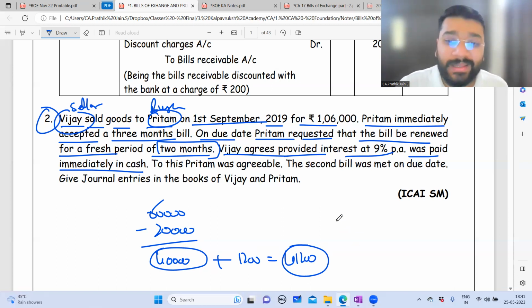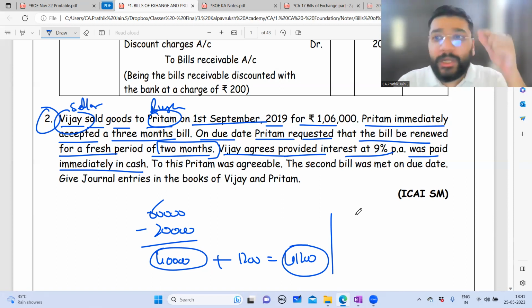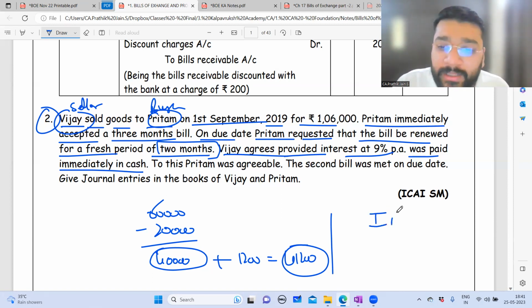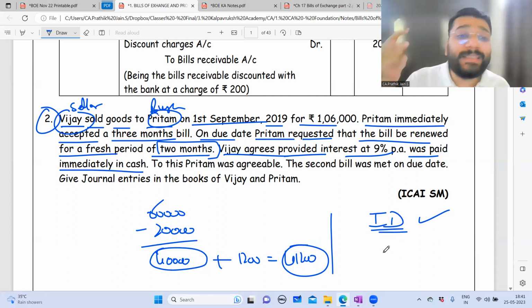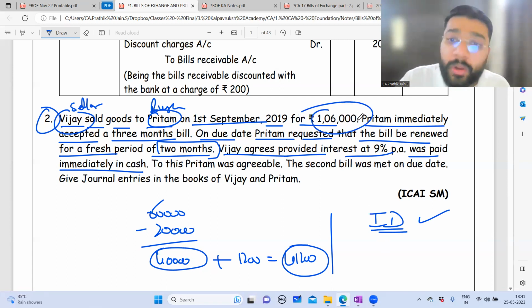In this question, Vijay agrees to provide interest at 9% per annum, which was paid immediately in cash, which means you will calculate the interest due entry. Immediately the interest is being paid, which means you're creating the second bill for what value? Only 1,06,000, or 1,06,000 plus interest?